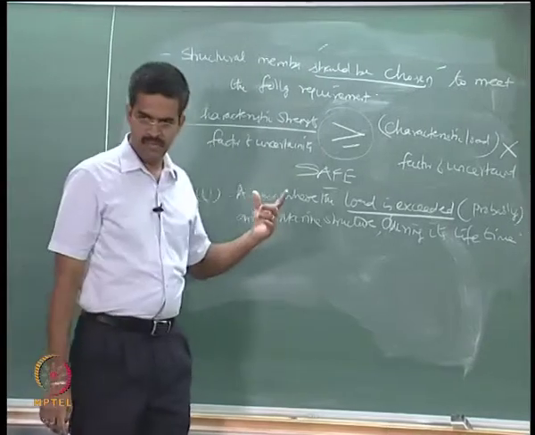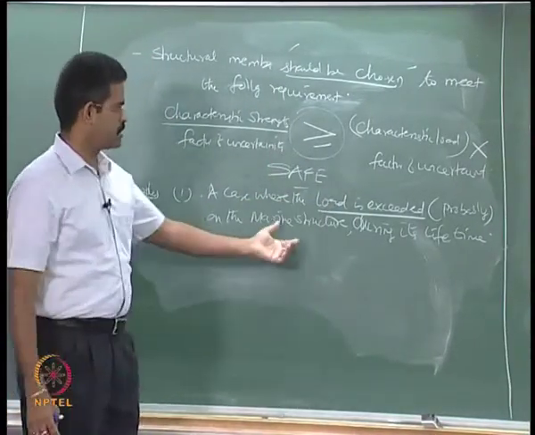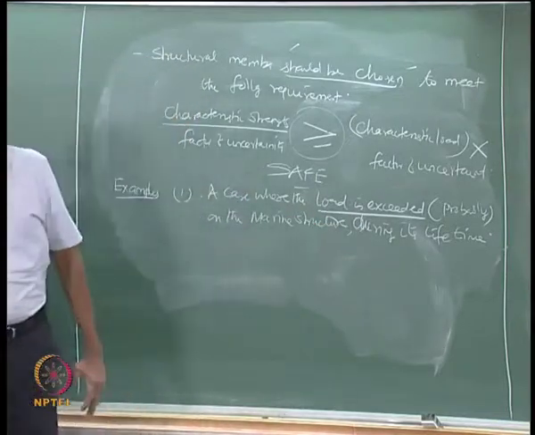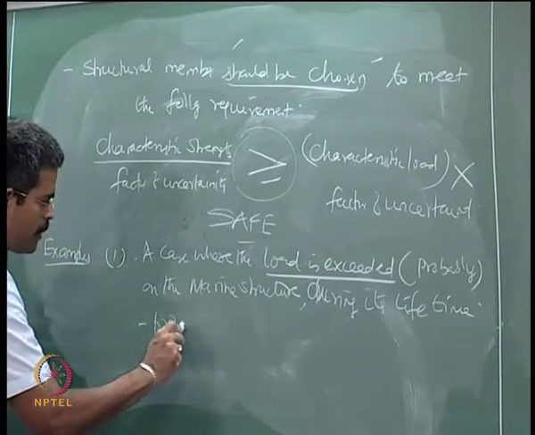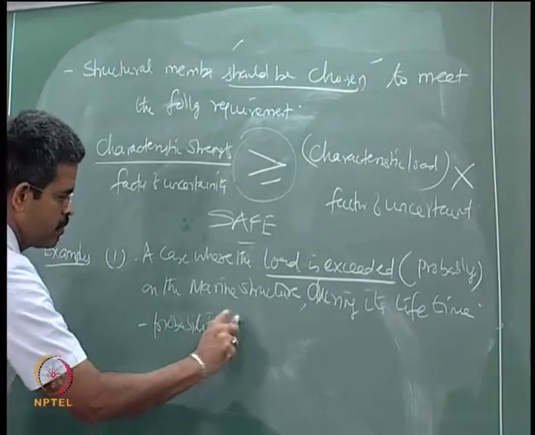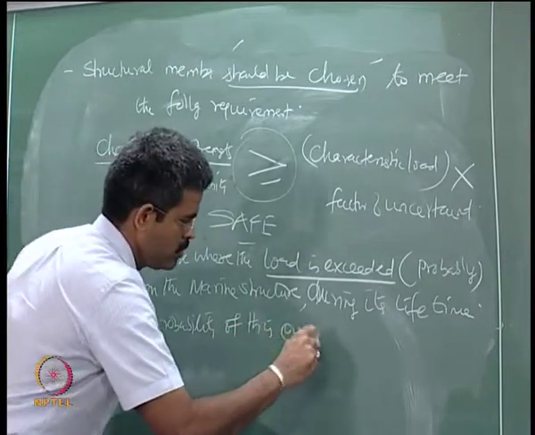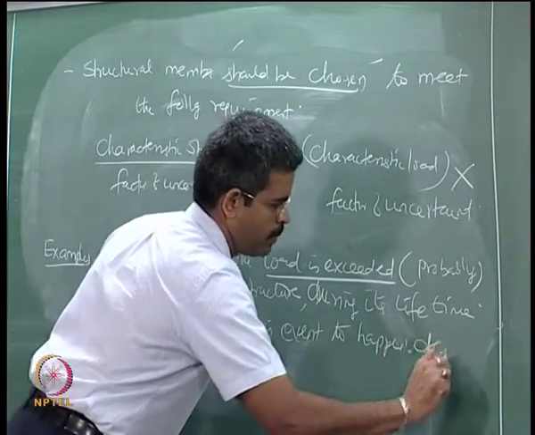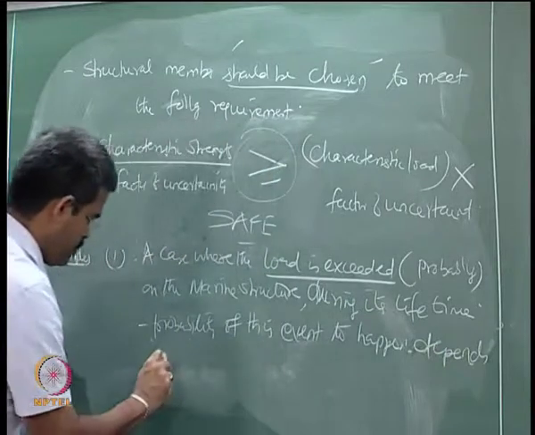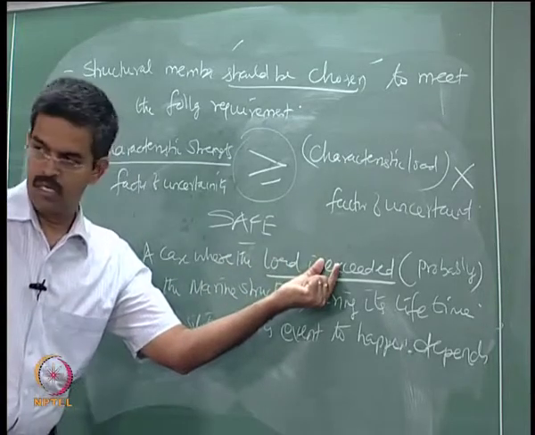Let us say I have a case here, there is a probability that the load will exceed, or has exceeded already, in a marine structure during its lifetime. Now, the probability of this happening depends on, can you tell me what would be the factors on which this probability depends?